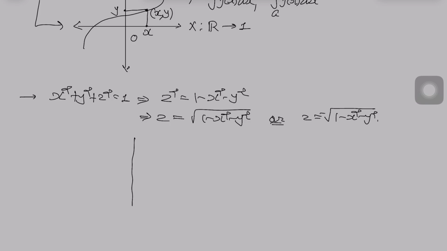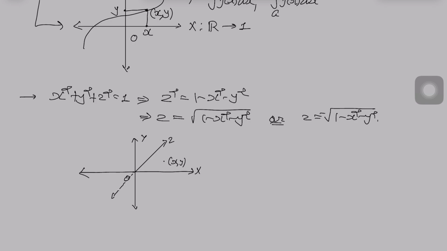We are choosing the values of x and y, right? So for a particular point of x and y, we have the value z, and this is the z axis.